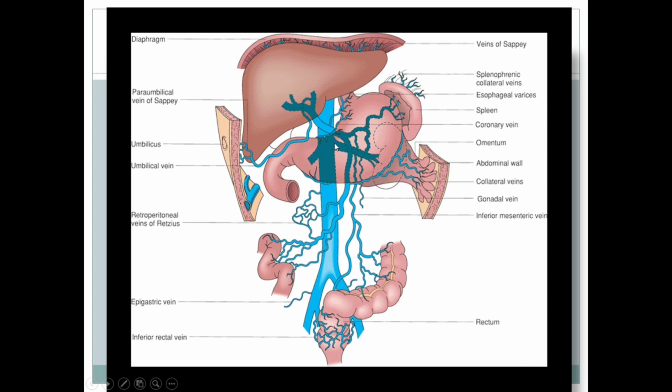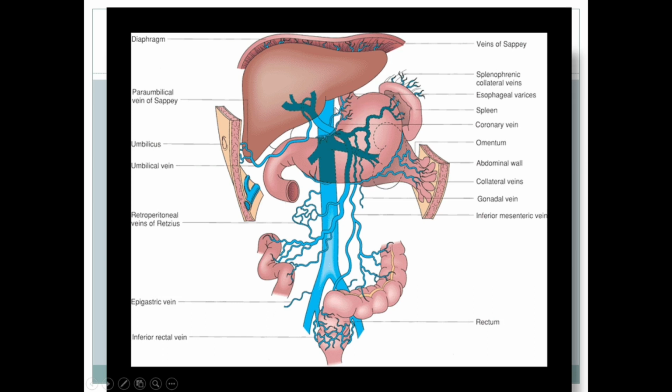Because of the resistance here, the spleen has grown very big, and these portal veins get dilated and there is backflow. So there will be multiple vascular channels opening up around these capillary or venous plexuses.